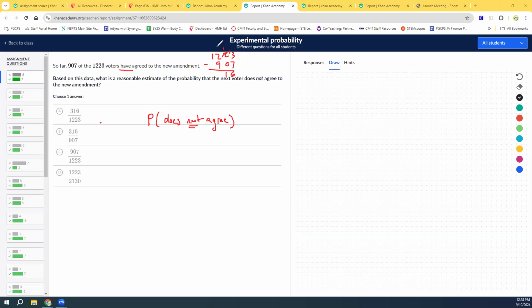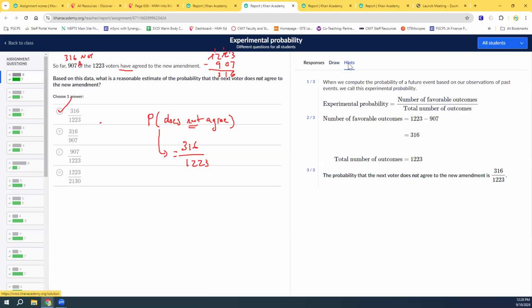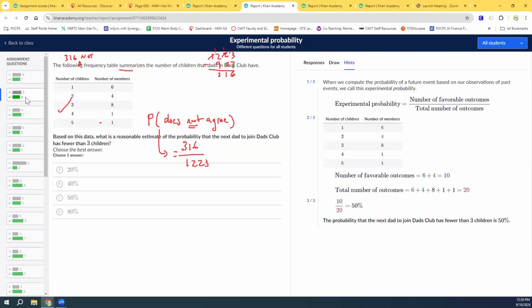That's 316 people who did not agree. 907 agreed, and that adds up to 1,223. So the probability that the voter does not agree is 316 out of 1,223. What do you think? You think I'm right? Let's see. I'm right. Okay. Don't be arrogant.